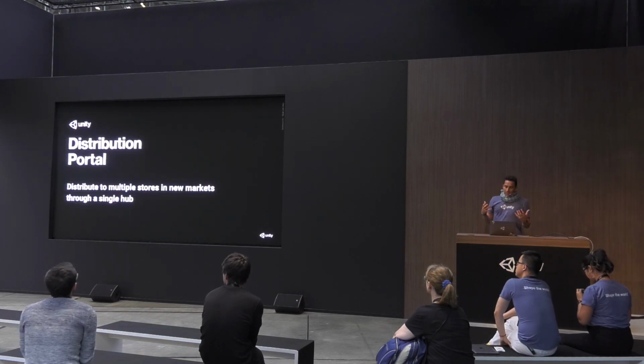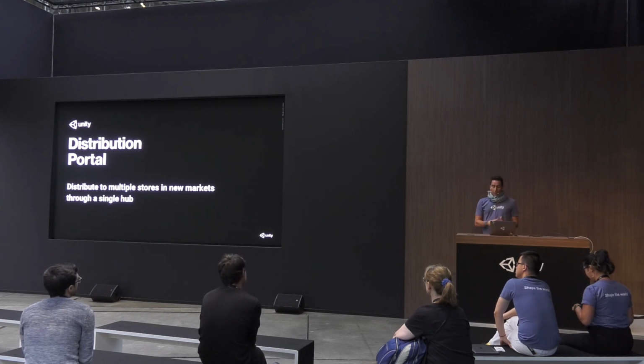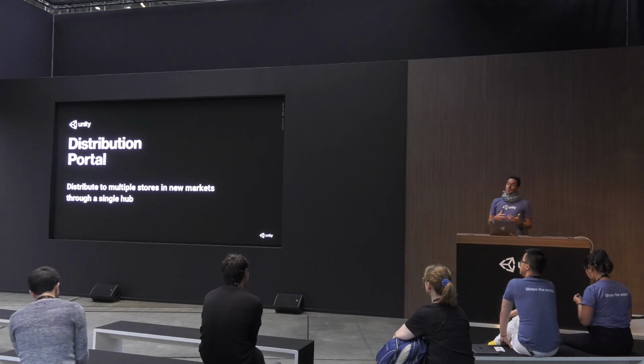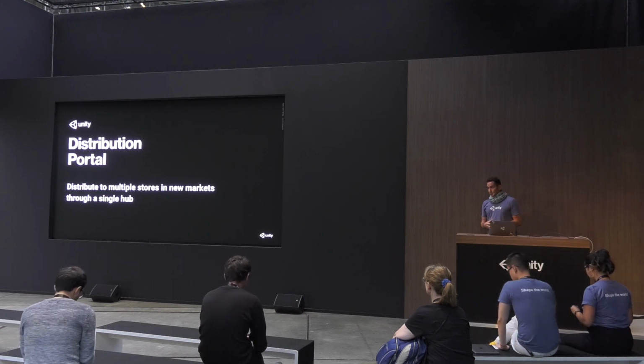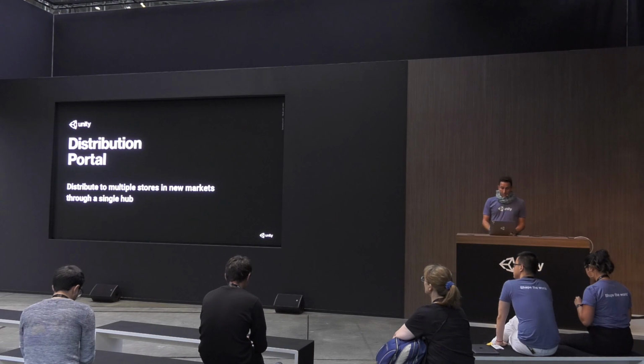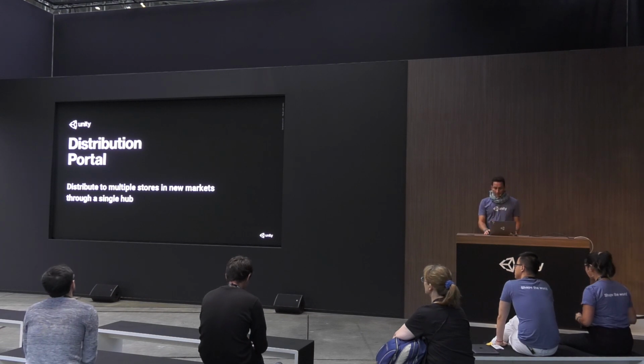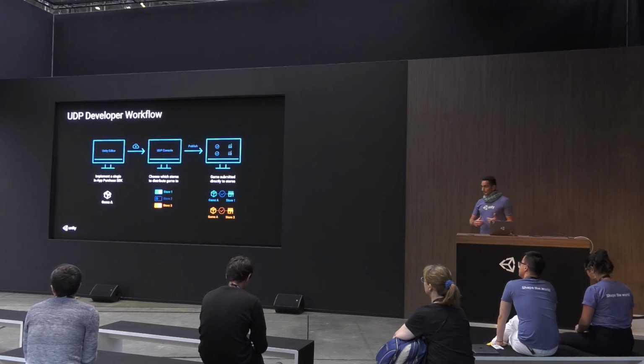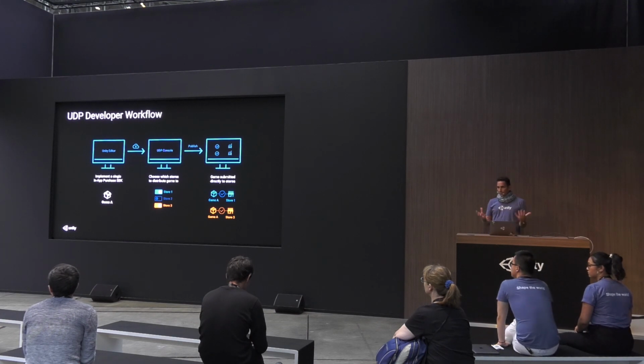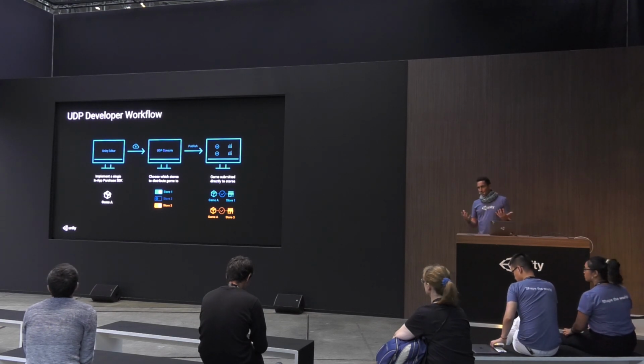So UDP, Unity Distribution Portal, aims to help you distribute your game to multiple stores in new markets through a single hub. Think about the earlier example of 8 stores, 8 SDKs, 8 builds, 8 dev consoles.